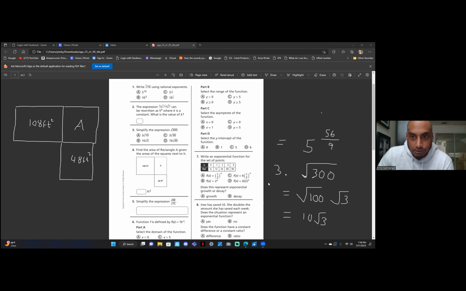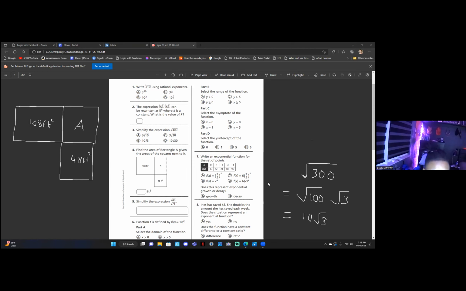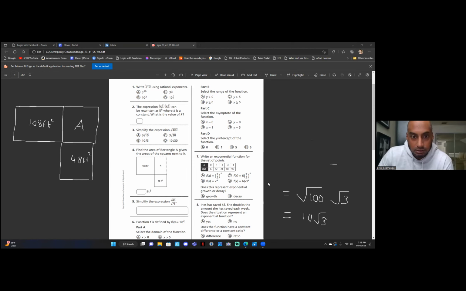All right, so how are we gonna do 4? They give us the area of the squares, but they want the area of A. So basically we have to find this distance and this distance, the length and the width. There's squares, so what do you know about a square?